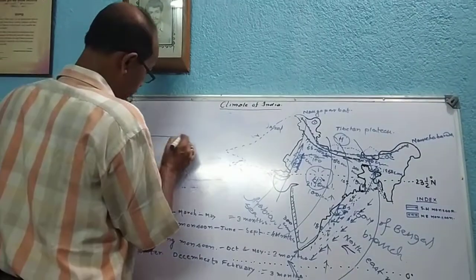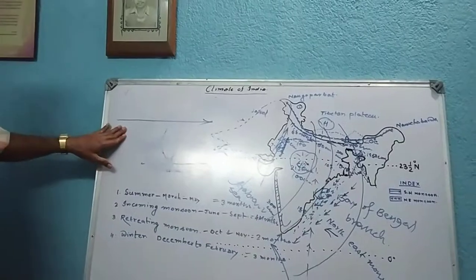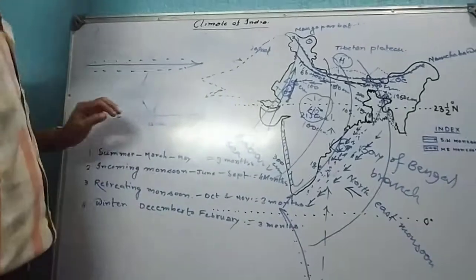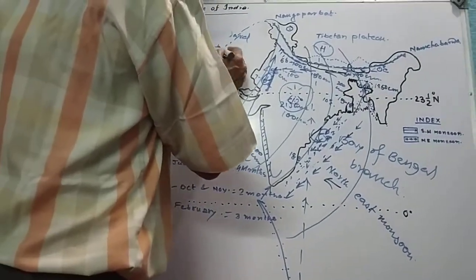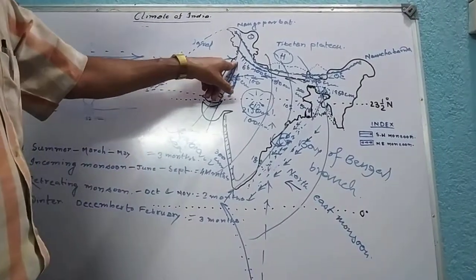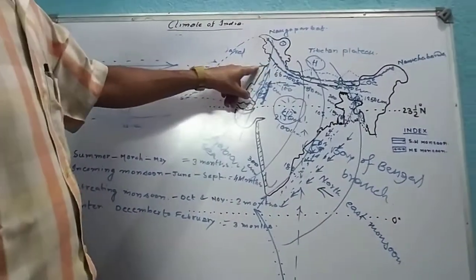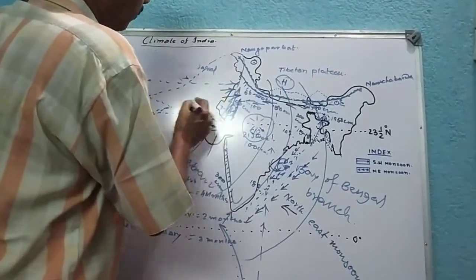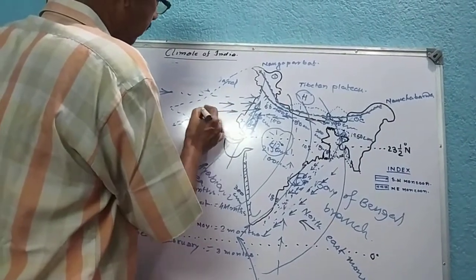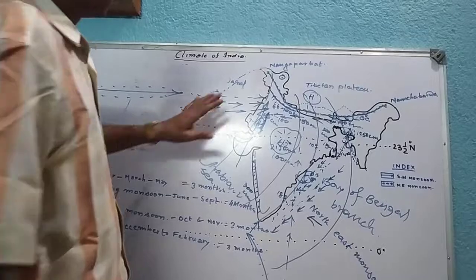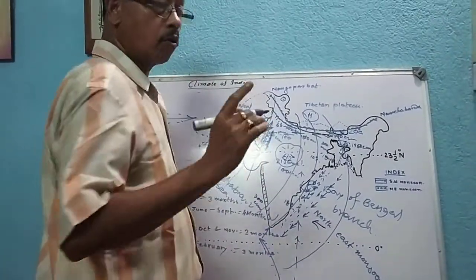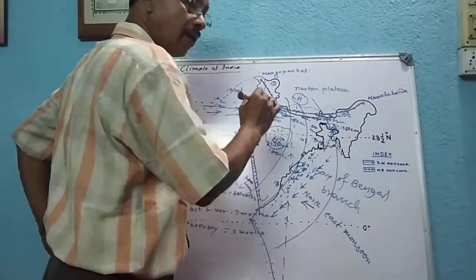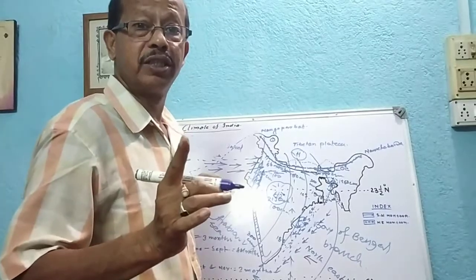From the Mediterranean Sea, this moisture-laden air mass comes to the northwestern part of India, where is your Punjab, Haryana and UP. Due to the presence of this moisture-laden air mass from the Mediterranean climatic zone, it causes a certain amount of rainfall, which is not much, but ideal for the cultivation of wheat in winter.